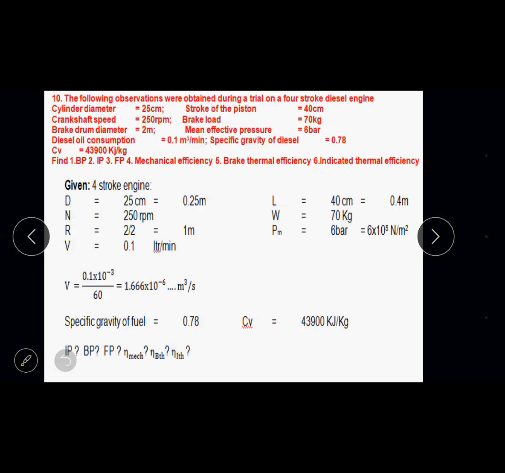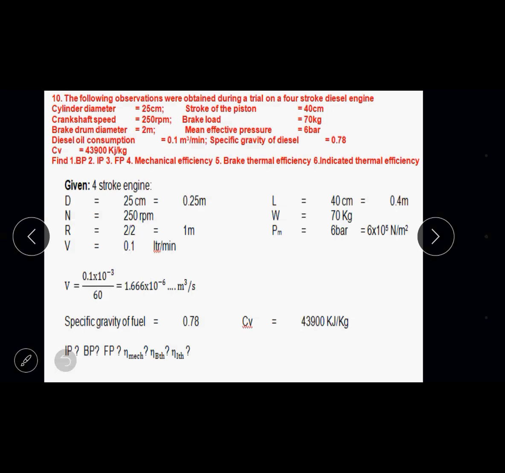The following observations were obtained during a trial on a 4-stroke diesel engine. Cylinder diameter is 25 centimeter, stroke of the piston 40 centimeter, crankshaft speed 250 rpm, brake load 70 kg, brake drum diameter 2 meter, mean effective pressure 6 bar, diesel oil consumption 0.1 meter cube per minute.